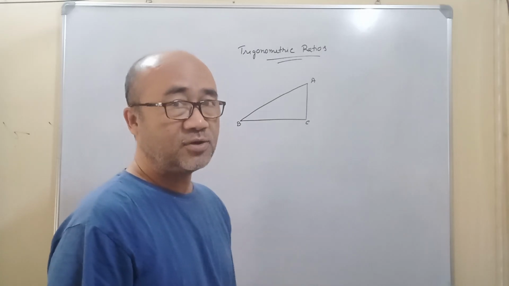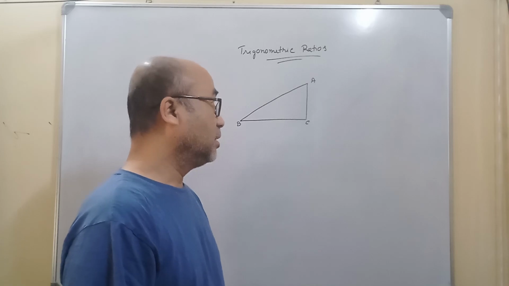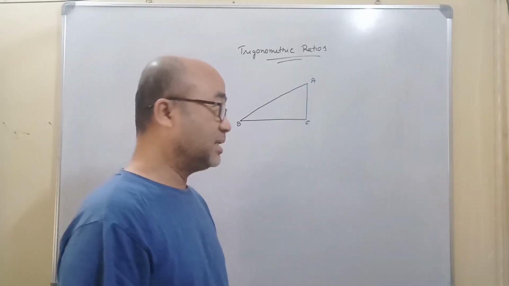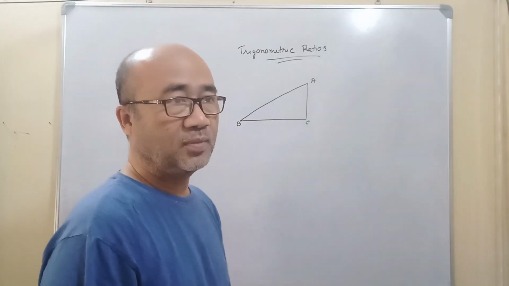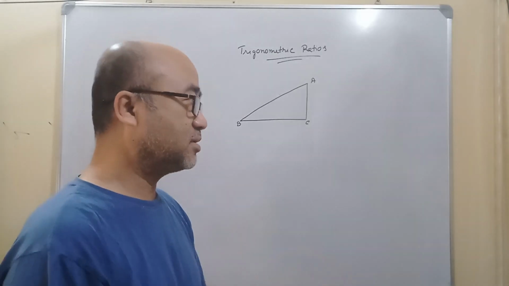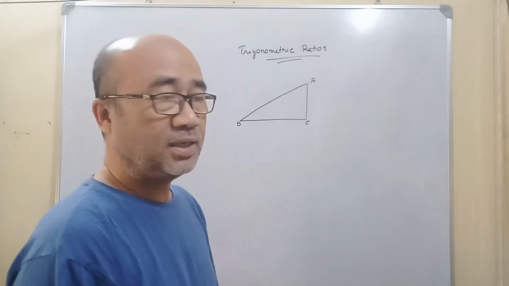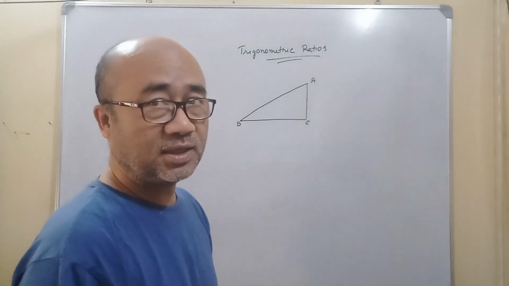In class 10 trigonometry we will deal with studying the relationship of sides and angles of a right angle triangle only. Okay, trigonometry is much more beyond that, but we will not be studying that in this class because that is beyond the scope of class 10.